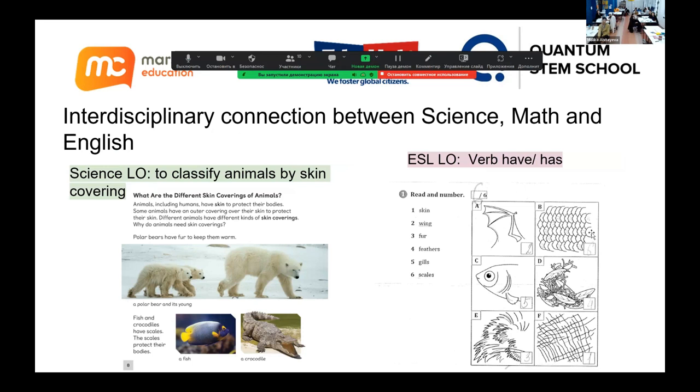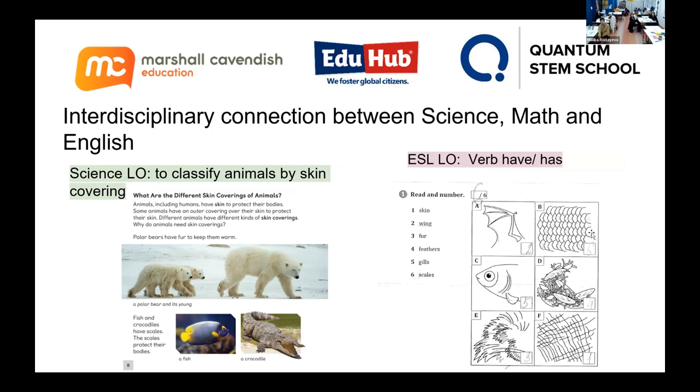So verbs have, has. They started like fish have gills and whatever scales, wings, and etc. While in science we studied how to classify animals by skin covering. Like mammals have fur and birds have feathers, fish have scales, and etc.